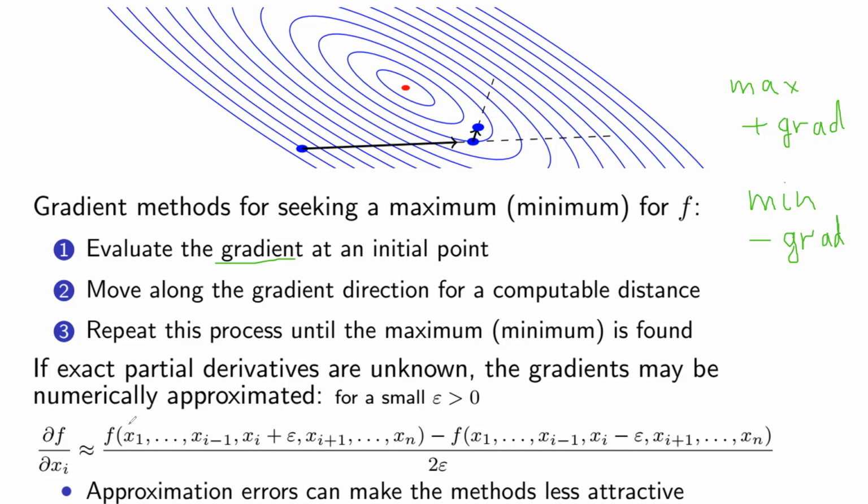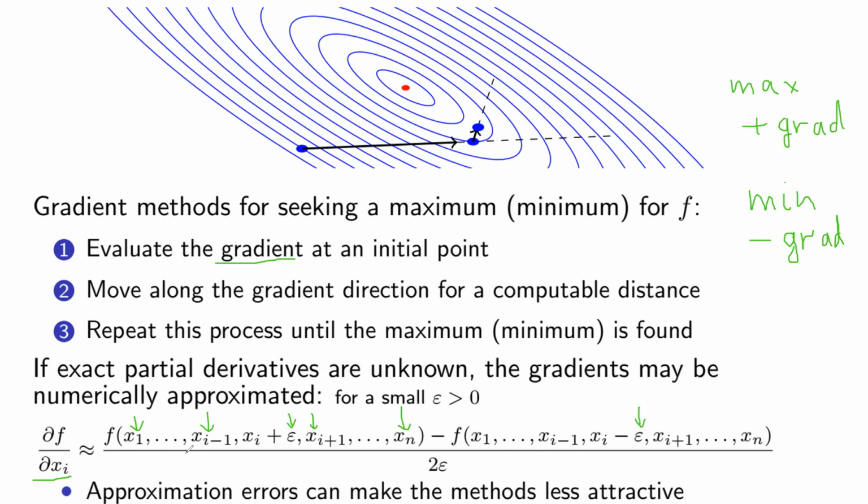We fix all other variables except for one, and we calculate the partial derivative in this non-fixed variable. We add some small value epsilon, then we subtract this value epsilon.